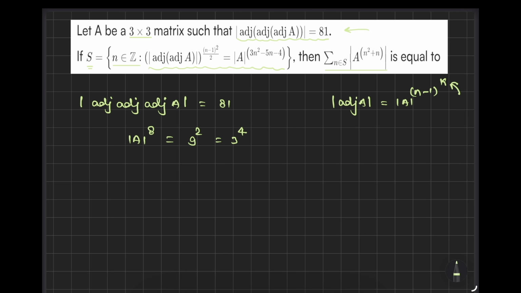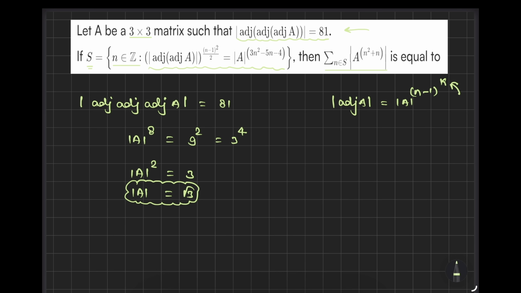Correct? Now can I take the fourth root on both sides? So we will have determinant of A squared equals 3. Okay, now we will take determinant of A as root 3. We can take plus minus root 3.